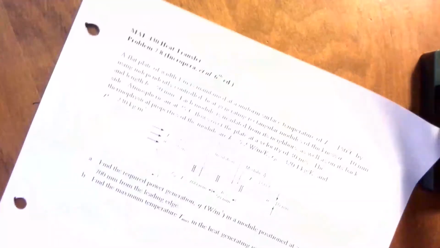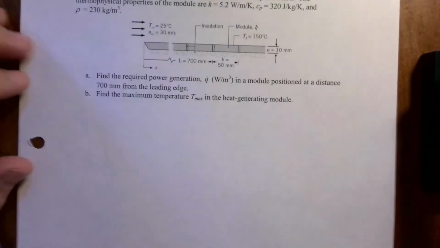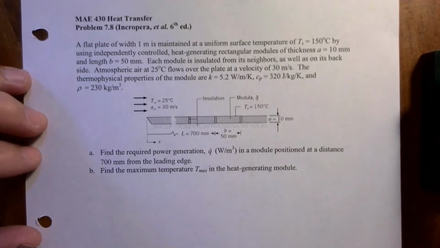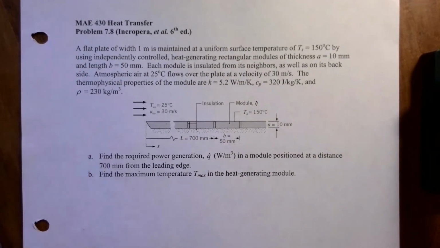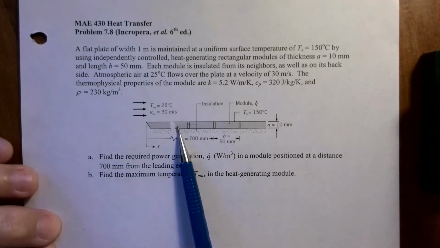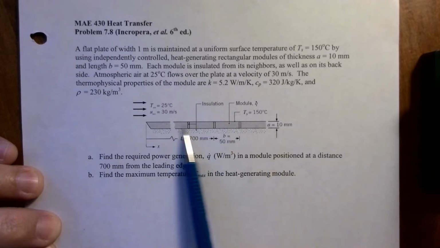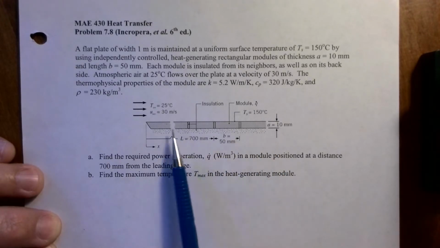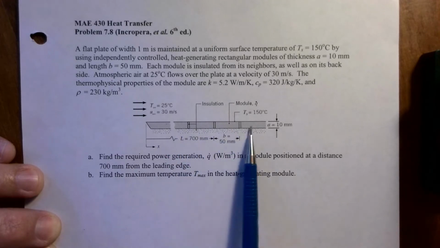Let's consider one more example, something that's a little bit more complicated. In this situation, we have a flat plate. They're trying to maintain a uniform surface temperature by controlling the power at different lengths along the way. They've broken up the plate into small modules.